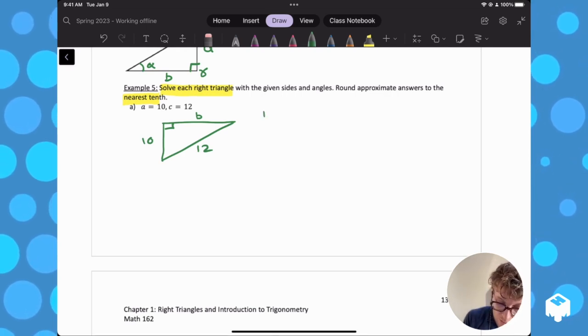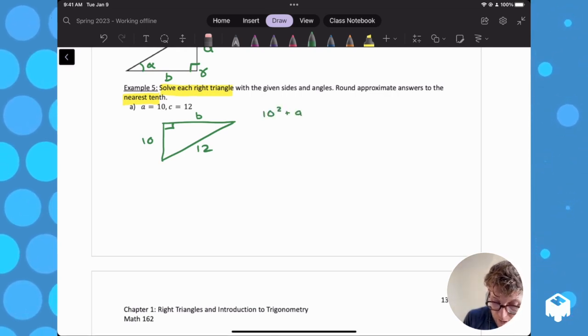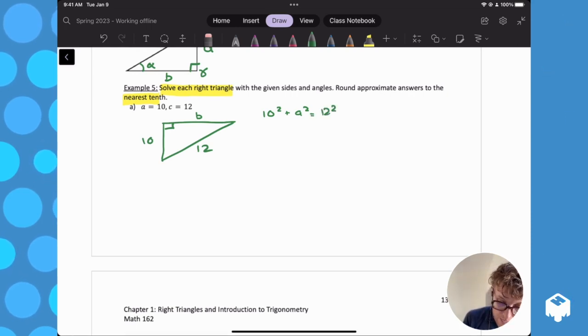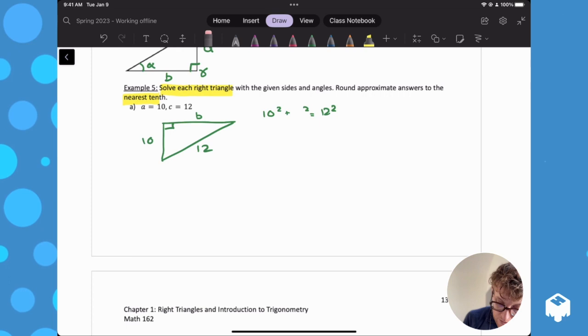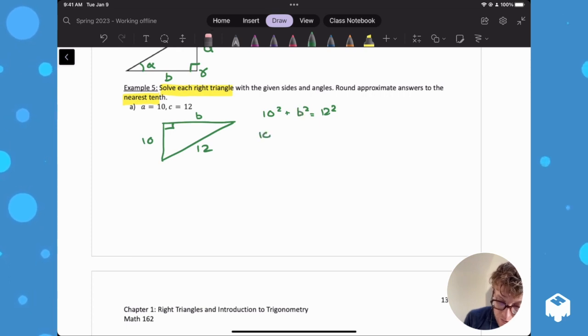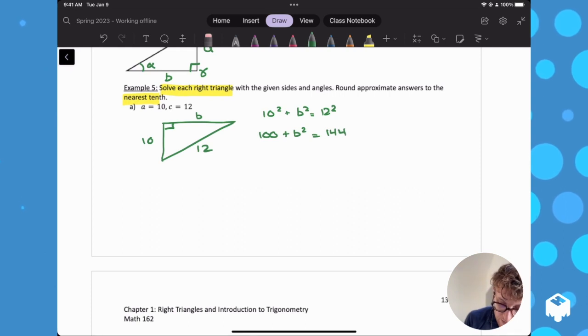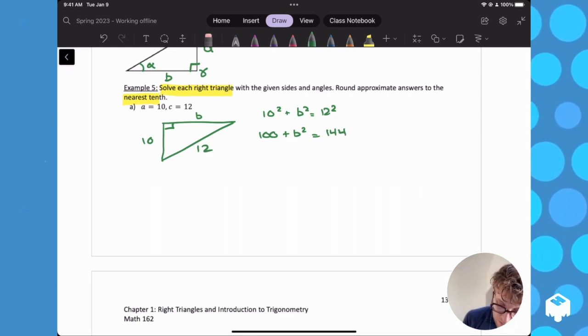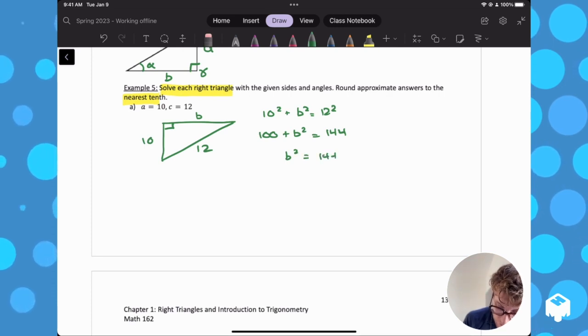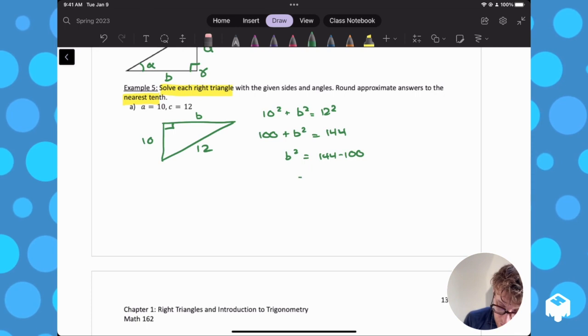So we know that 10 squared plus a squared equals 12 squared. Sorry, let's make that b squared. That's 100 plus b squared equals 144. And we know that b squared is going to equal 144 minus 100, which is 44.